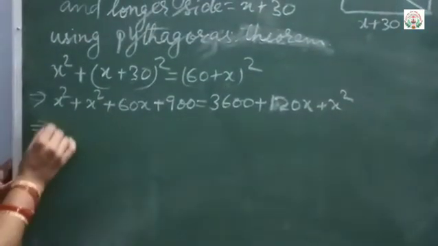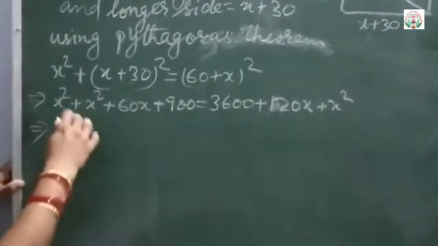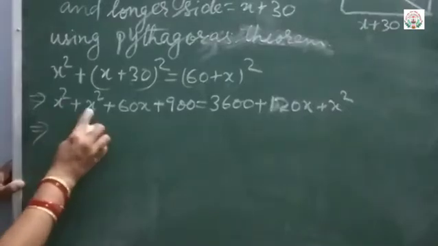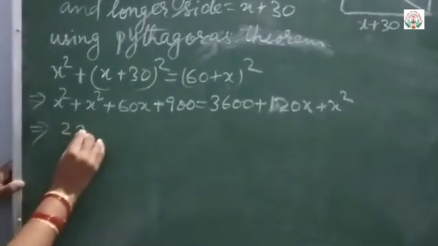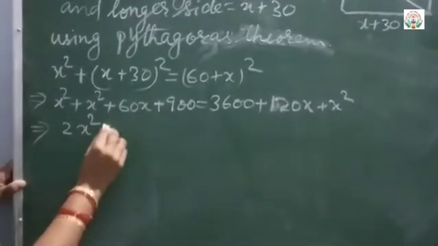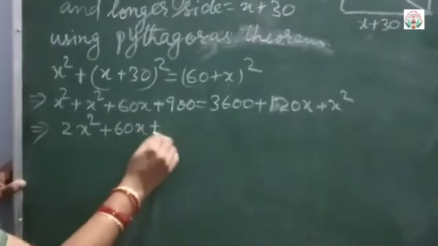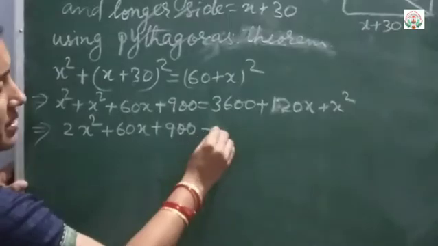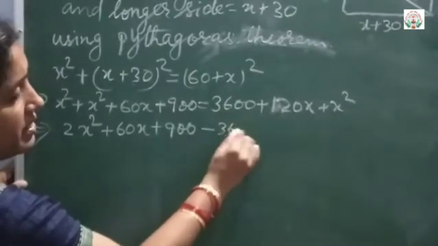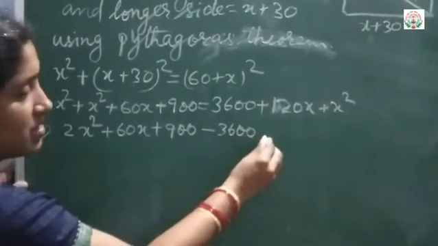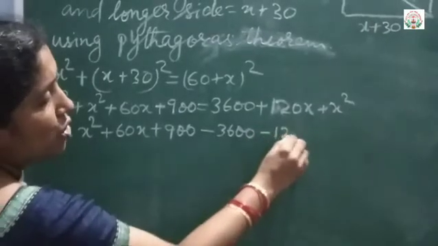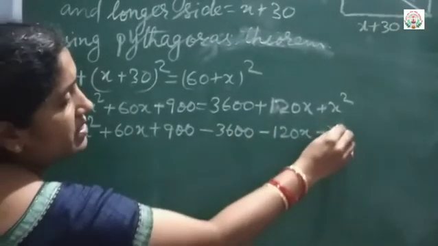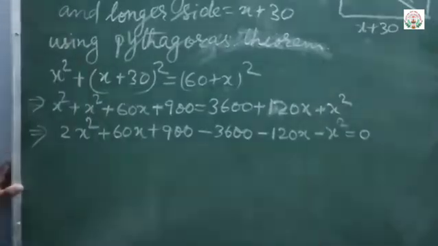Okay. So now bring all the things to this side. First simplify this one. x square plus x square will be 2x square plus 60x plus 900, and then bring this side. So this will be 3600, then minus 120x minus x square equals 0.